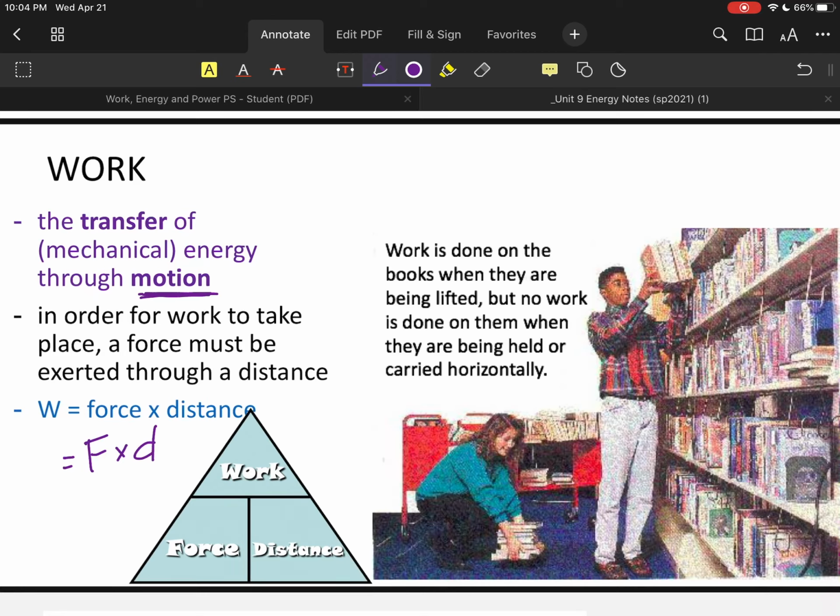For example, in this picture, they're lifting the books up and putting them on the bookshelf. There's a distance that those books were lifted off the ground. If I'm just holding the book in my hand, technically I'm not doing any work until I move the book.